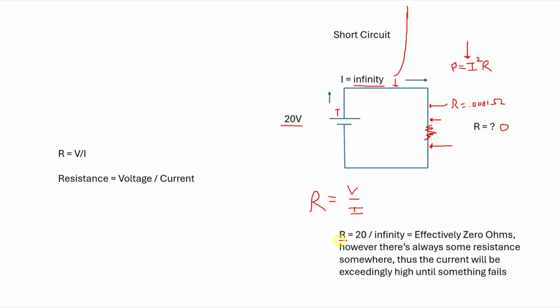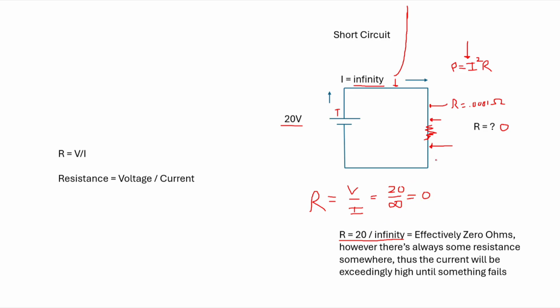And we could look at this equation, and we can say just for a brief period of time, R is equal to voltage divided by current. And for this brief period of time, we have 20 volts divided by something that's going to be approaching infinity. So if this approaches infinity, the resistance will approach 0.